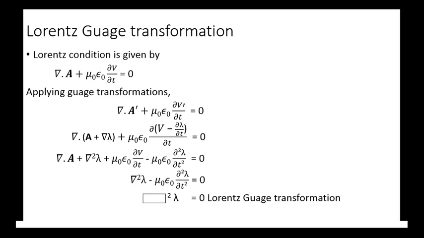So we had applied the gauge transformation to the Lorenz condition and we have got the Lorenz gauge transformation equation. I repeat, we had the Lorenz condition and we applied the gauge transformation to the equation and we got del square lambda is equal to 0, which is the Lorenz gauge transformation.